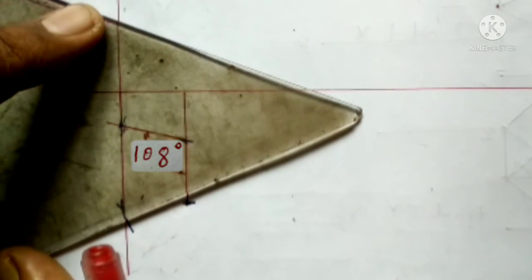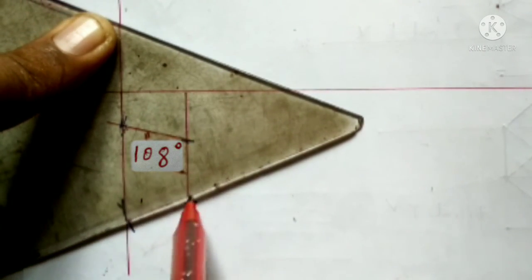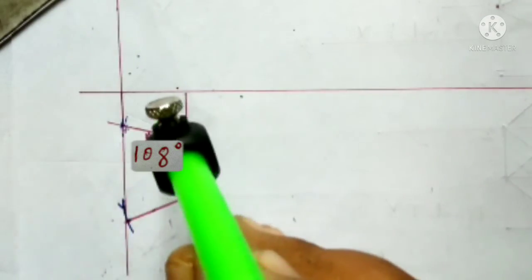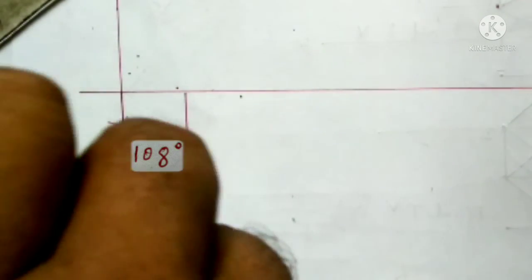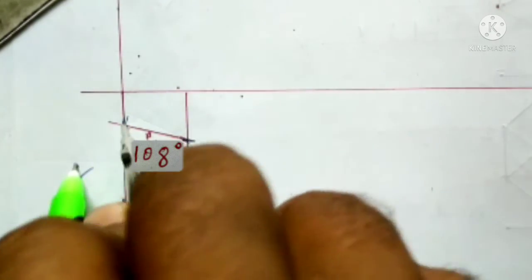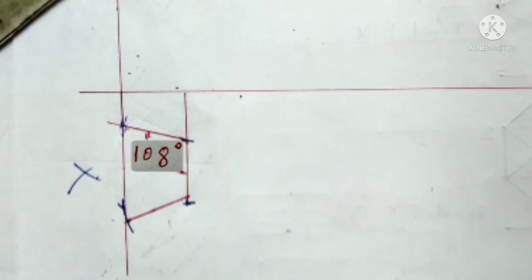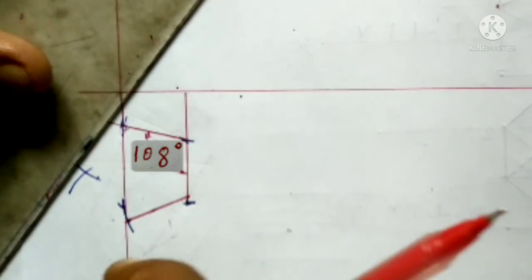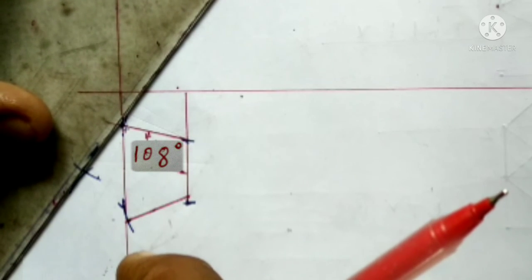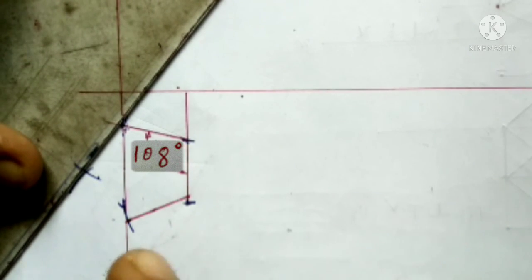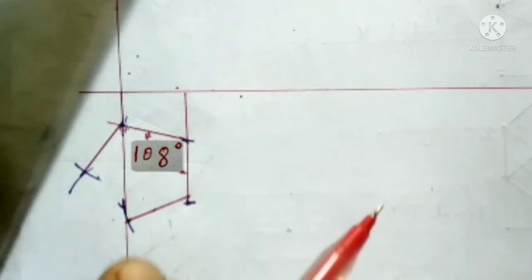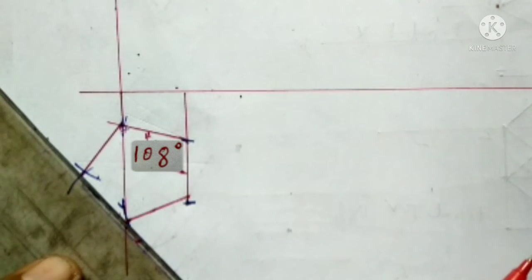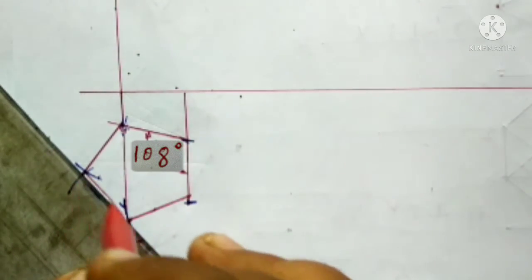Join these two points by a line. Take the collinear end points as centers and draw two arcs on these two sides. Taking the intersecting point between the two arcs, complete the drawing of the pentagon. So here we see that there is no need to measure all the internal angles of the pentagon. Just do one.